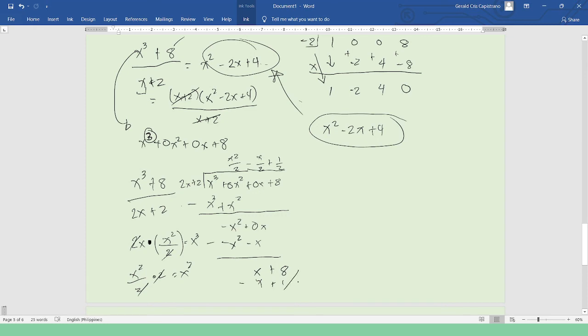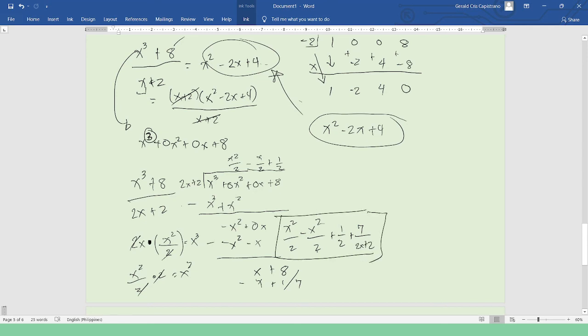Magkakaroon tayo dyan ng remainder na 7. Okay. So, ang final answer natin ay x squared over 2 minus x over 2 plus 1 half plus 7 over 2x plus 2. So, yun yung final answer.